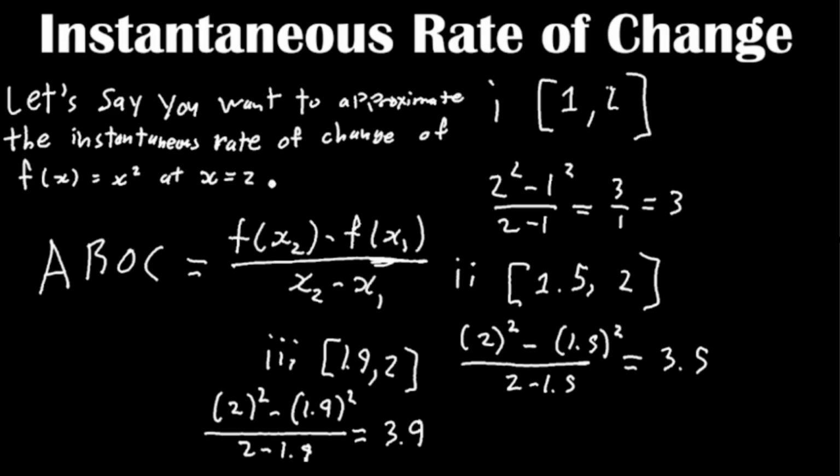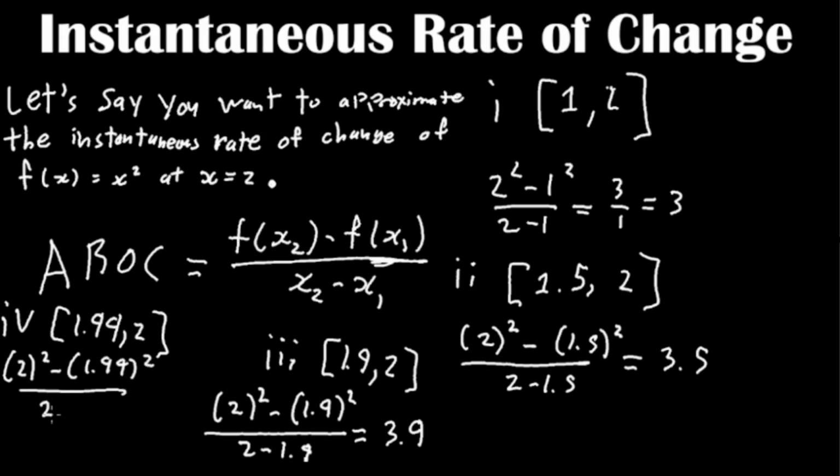Let's do one final approximation, even better. So let's do from 1.99 to 2. We're going to do 2 squared minus 1.99 squared over 2 minus 1.99.